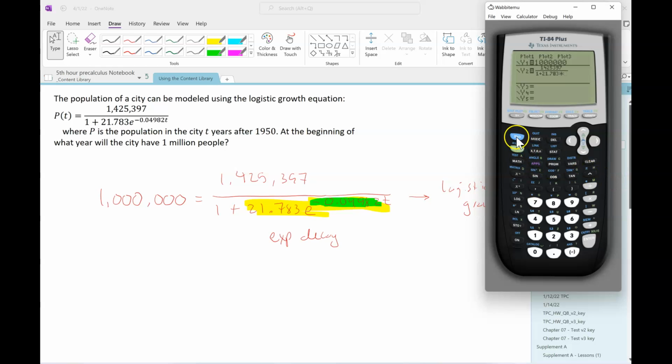To get the E to show up, we press second and the LN button, which is on the left-hand side of your calculator, just a little bit up from the on button. That'll give you the E with the exponent on it. Did you find it? Oh, yeah. Okay.